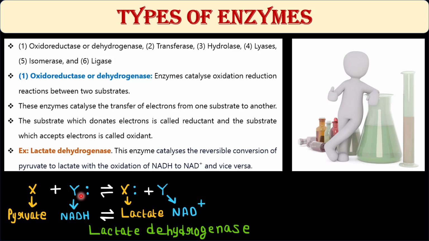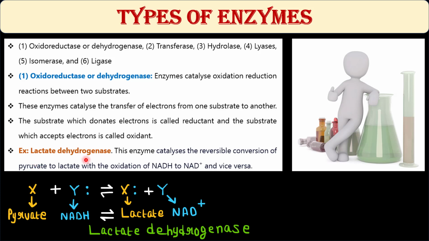So we can see that electrons from the substrate Y are transferred to X, like this. And the substrate which donates electrons is called reductant. So Y is reductant here, and the substrate which accepts electrons is called oxidant. So X is the oxidant.